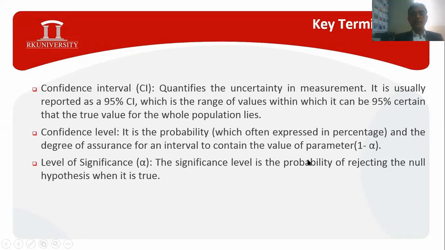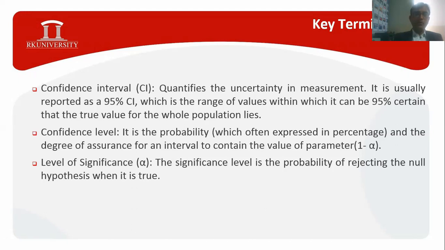The level of significance is the probability of rejecting the null hypothesis when it is true. So once we have alpha, which is just a complement to confidence level, if our confidence level is 95%, our alpha will be 5%, or vice versa. If our alpha is 10%, then our confidence level will be 90%.